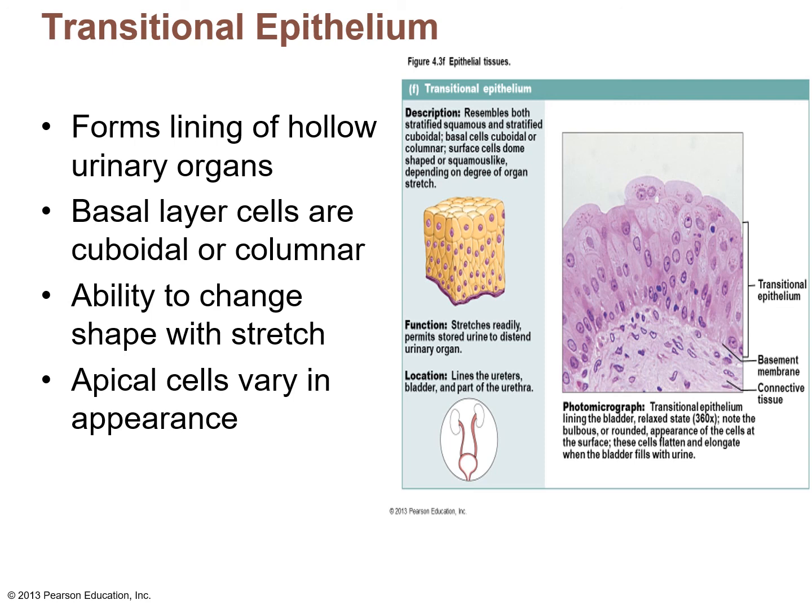And then it also has the ability to recoil back to its original shape after you void your urine. And so you find transitional tissue lining your urinary bladder, lining your ureters, which are basically the tubes that take the urine from your kidneys all the way to your urinary bladder. You would find it also lining your urethra.